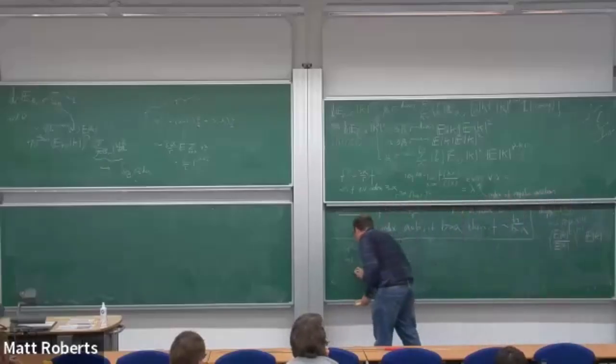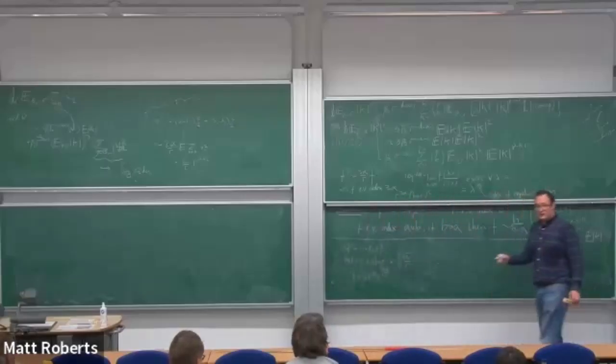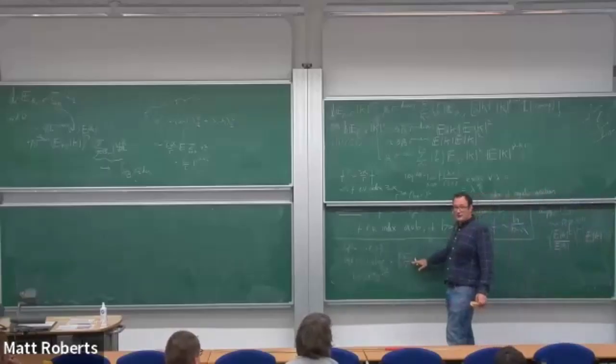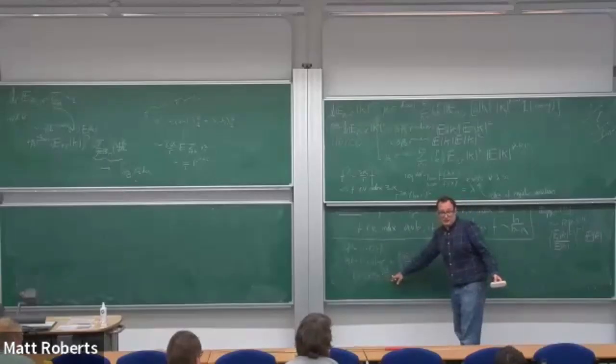So in particular, F is a constant times R to the A times this exponential of the integral. If I know that delta R goes to 0 fast enough that delta over R converges, then this just becomes a constant in the limit.